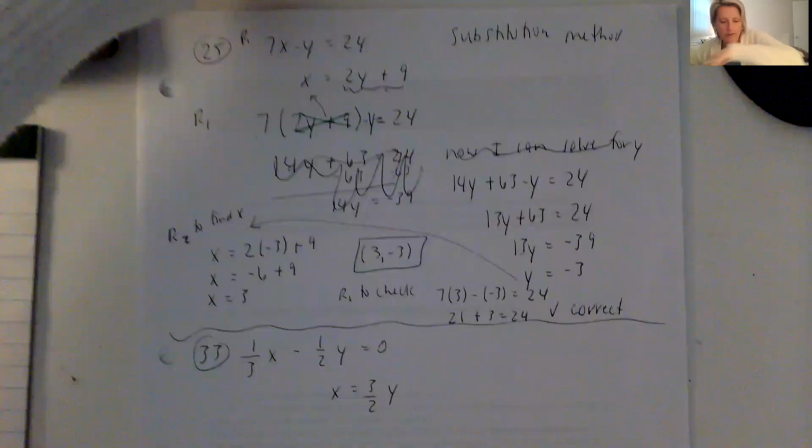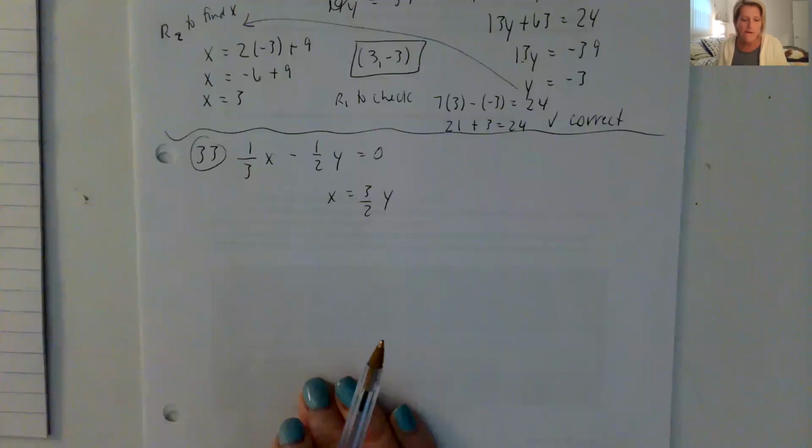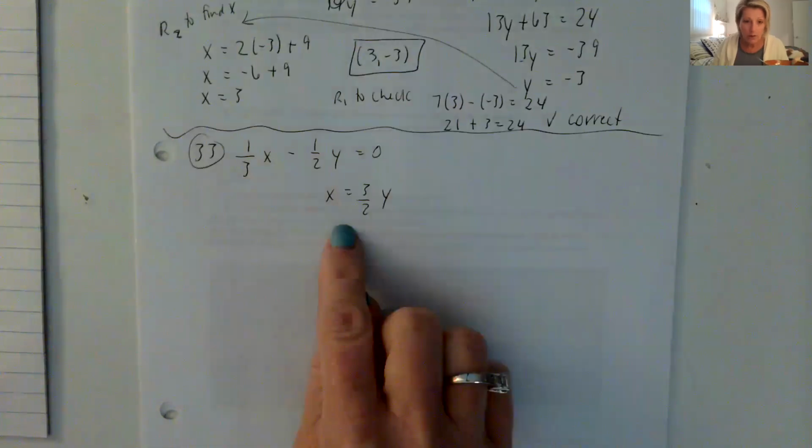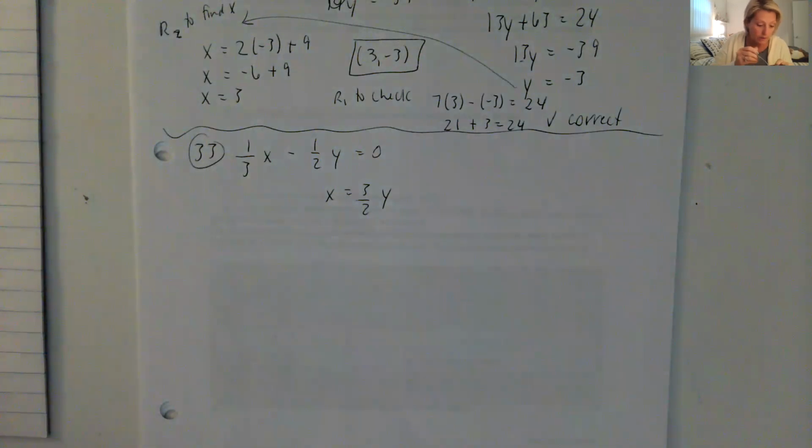Okay. So 33. Again, I've got row 1 and row 2 is already solved for x. So let's just use substitution.